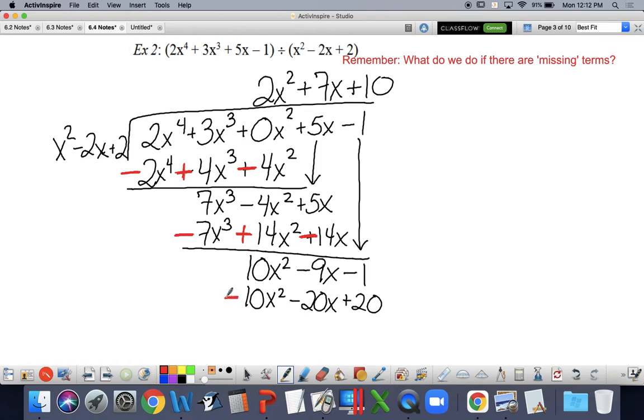Change all of my signs. And I wind up with 11x minus 21.